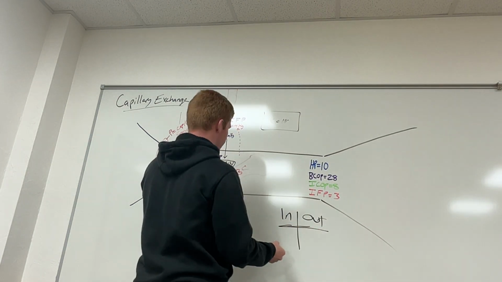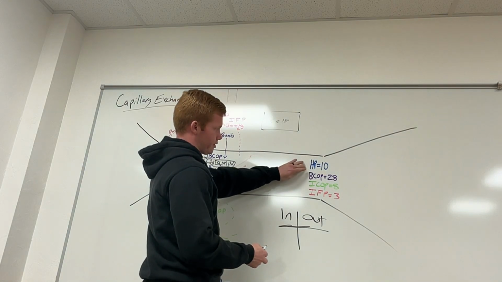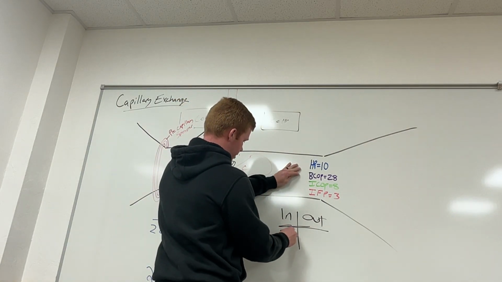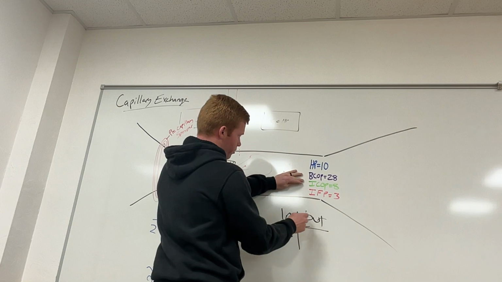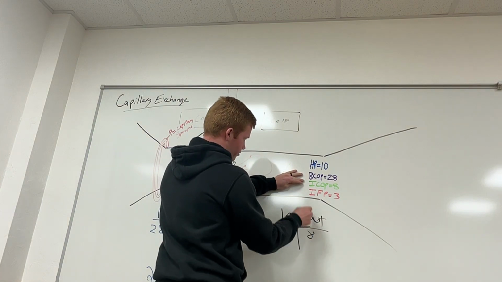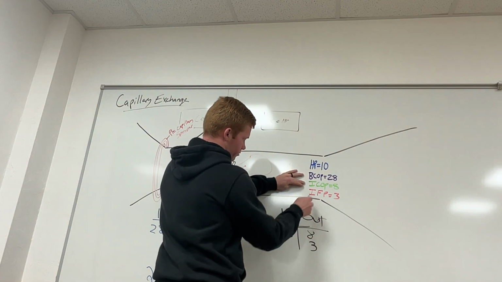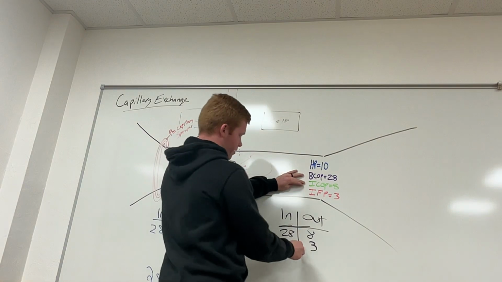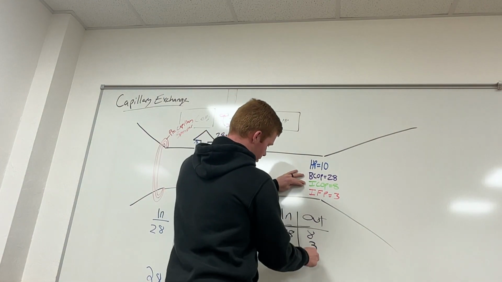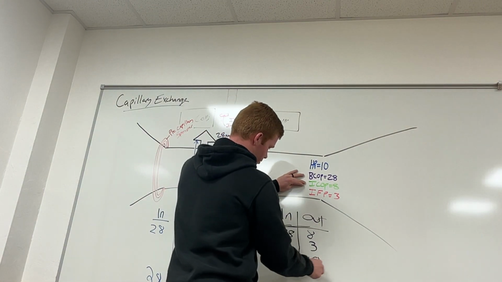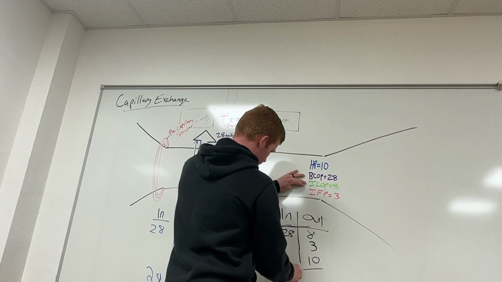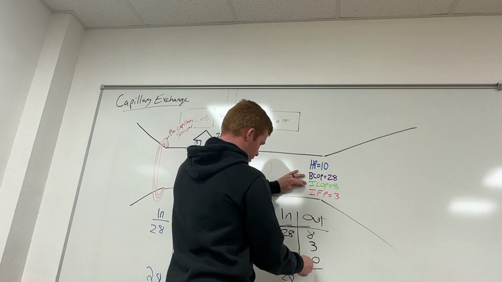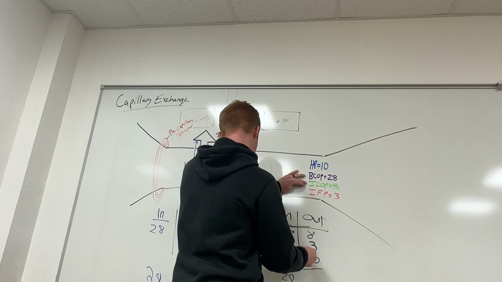So now we have still coming in, the only thing that changed was HP. Still have 28 coming in from BCOP. Still have 8 going out, ICOP, 3 going out, interstitial fluid pressure. But then HP is different. We have 10. So what does this equal? Still have 28 on this side. And over here, is that 22?